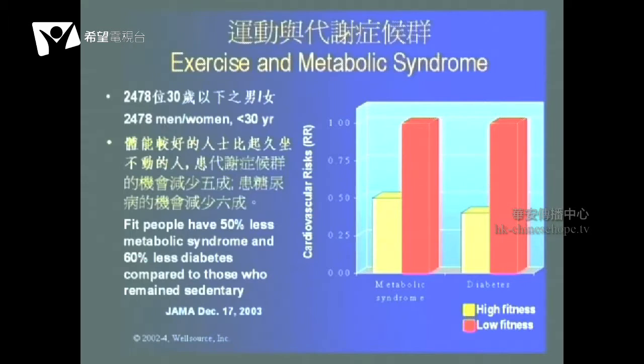In the right 2 columns, the yellow column represents 60% less diabetes for those that exercise. And what type of exercise is good?